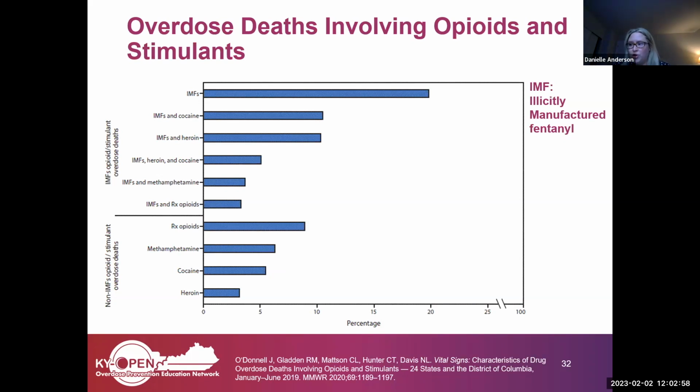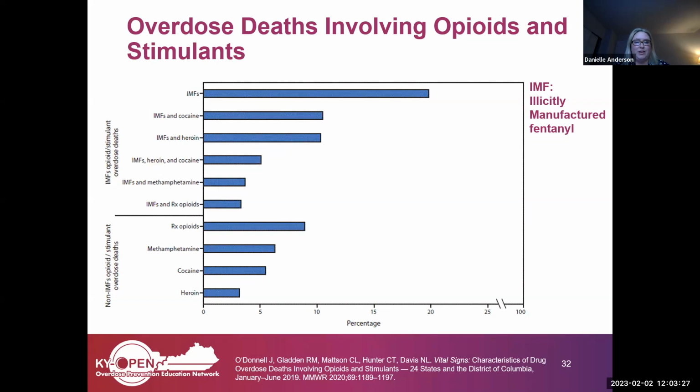And this chart shows overdose deaths reported by 24 states that participate in the State Unintentional Drug Overdose Reporting System. And this is just a big reporting system that's part of the CDC's Overdose Data to Action program. Kentucky is one of those states, and this chart highlights the danger of using illicitly manufactured fentanyls, which are fentanyls that are not produced for medicinal purposes.